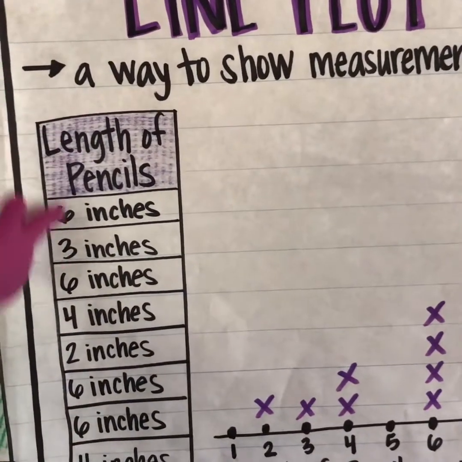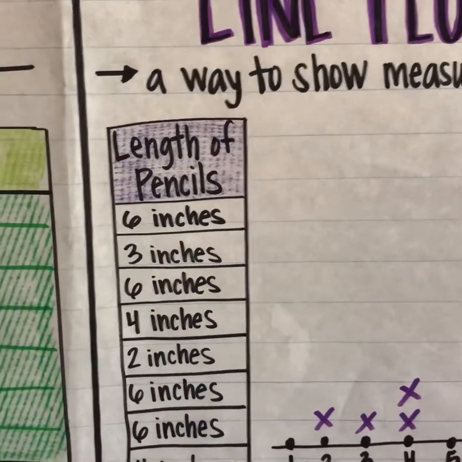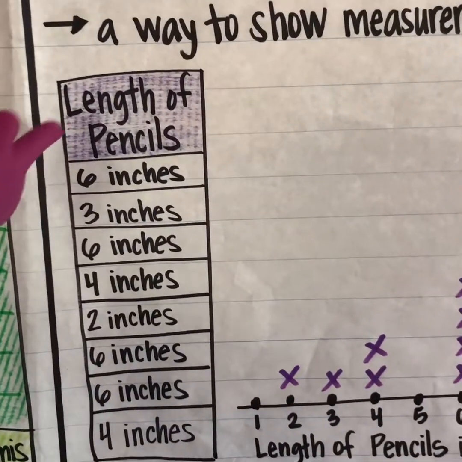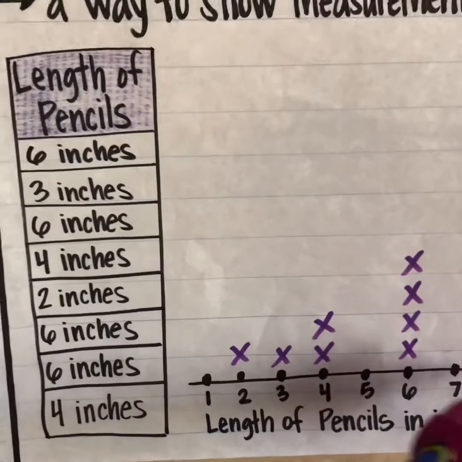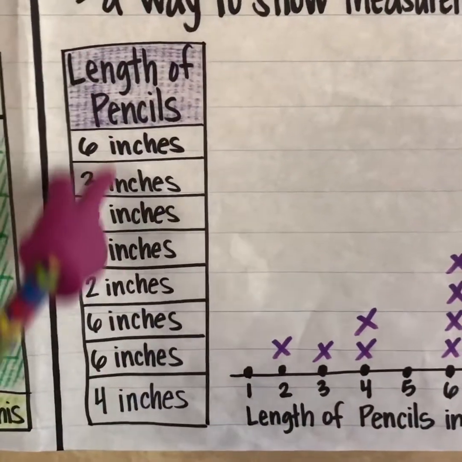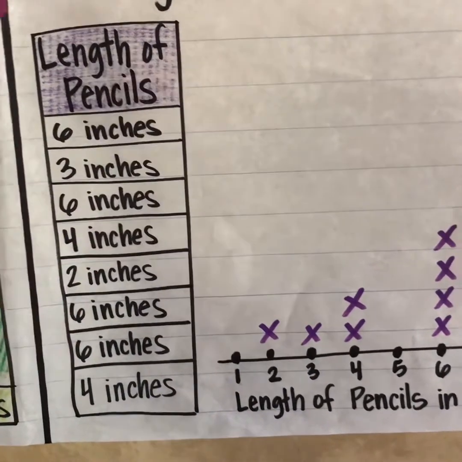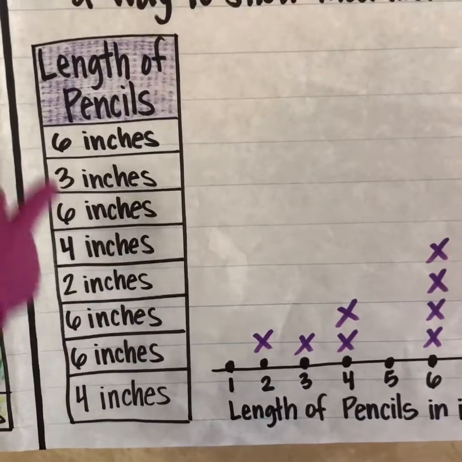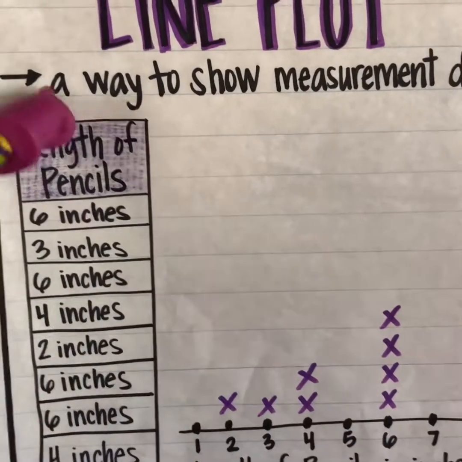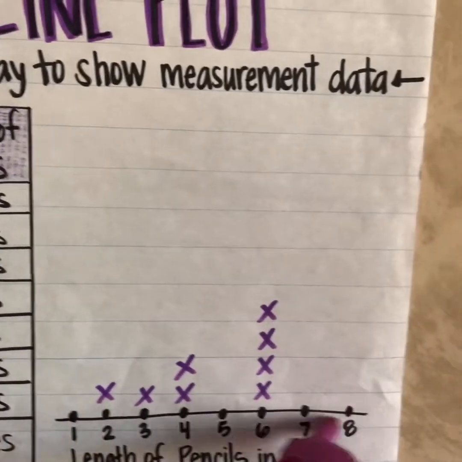So if we pretended that we wanted to measure all of our pencils in our desk and see how many people had a 6-inch pencil, how many people had a 3-inch pencil, this would be a good way to display that data. So here is the data collected, and you can see it's just kind of random, 6 inches, 3 inches, 6 inches, 4 inches. So to make this easier with our eye to see which measurement was the most common, we would display it in a line plot.